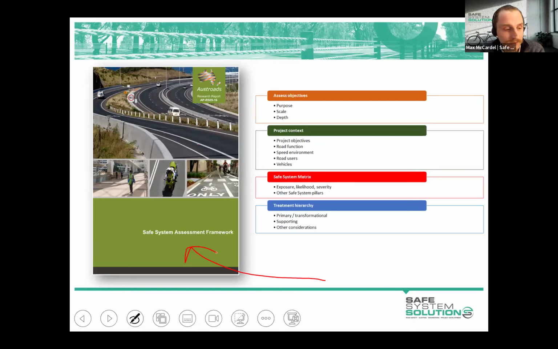The safe system assessment that we will be conducting and teaching as part of this course will be in accordance with what is described within these guidelines. You're welcome to download it off our LMS. I believe we've got a copy of it there. Otherwise, you can just log on to Austroads. They provide all their reports and guidelines for free. So you're welcome to get a copy of it there.